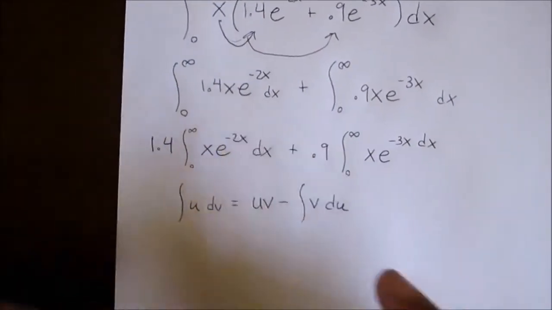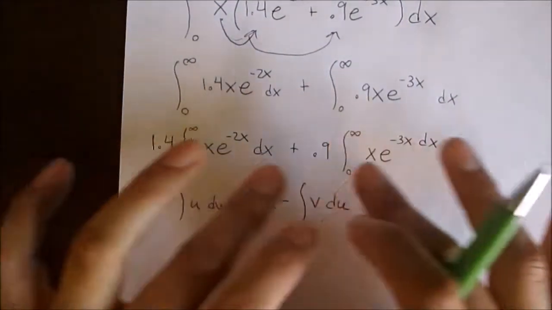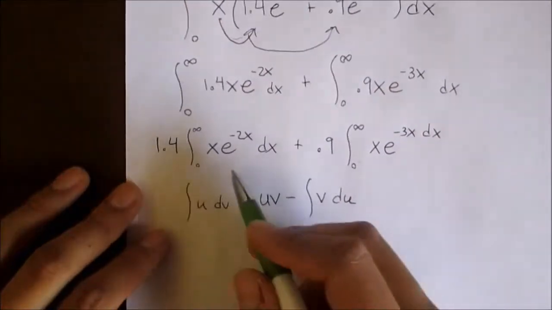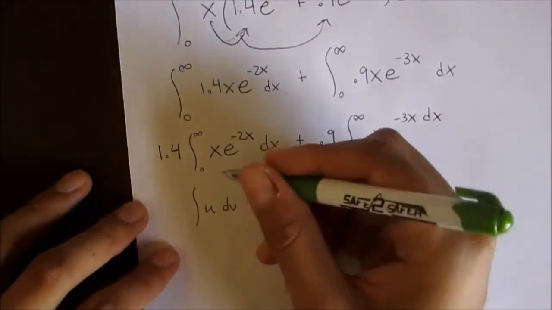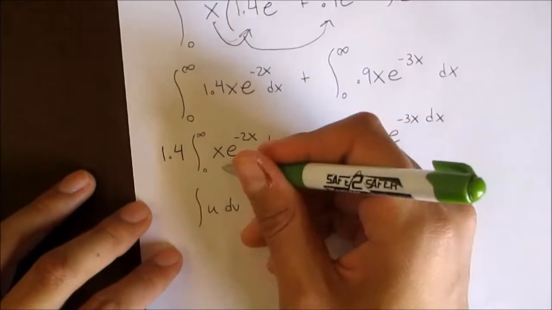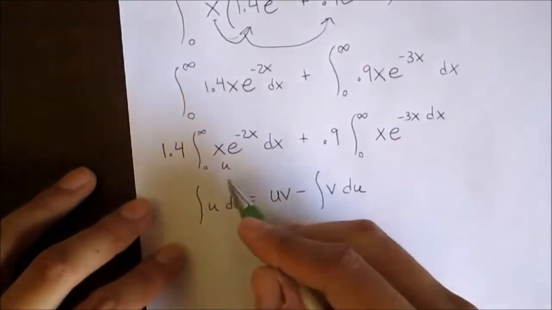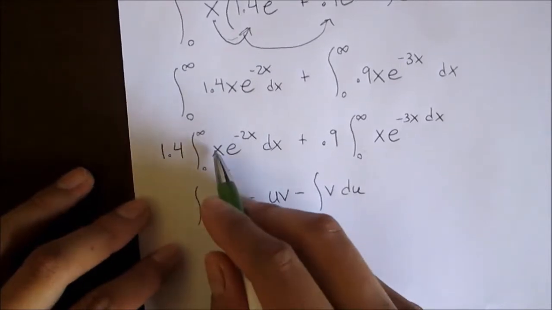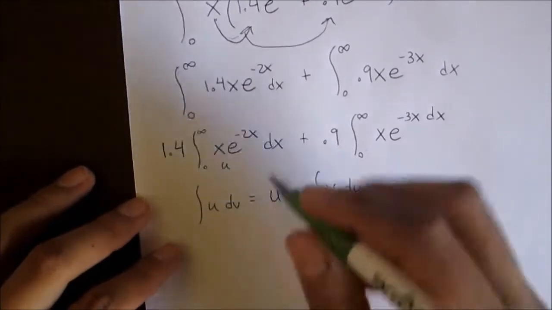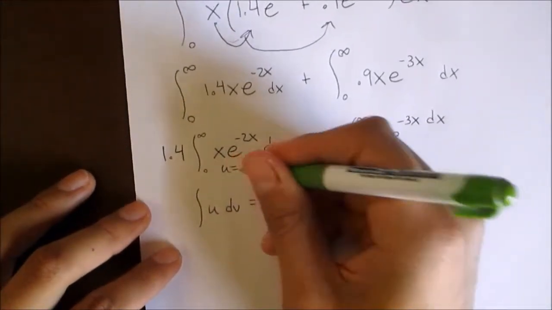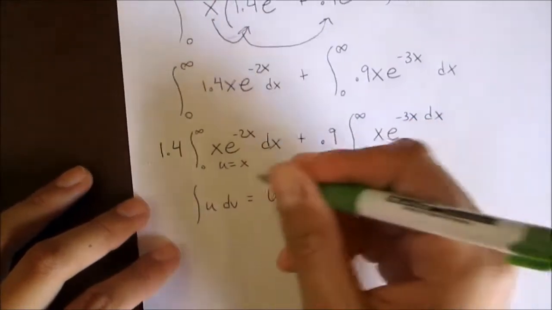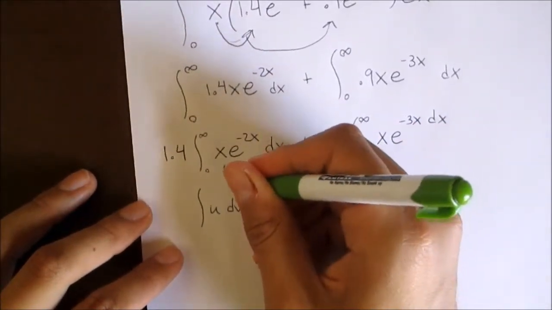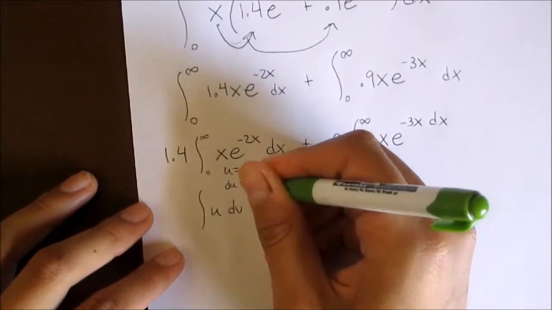Then we're going to have to do this twice, for this and for this. So we're going to let u, and typically you let u be the one that can be differentiated the easiest. So x can be differentiated very easily. So we're going to let u equal x. And then du, the derivative of x, is just dx.